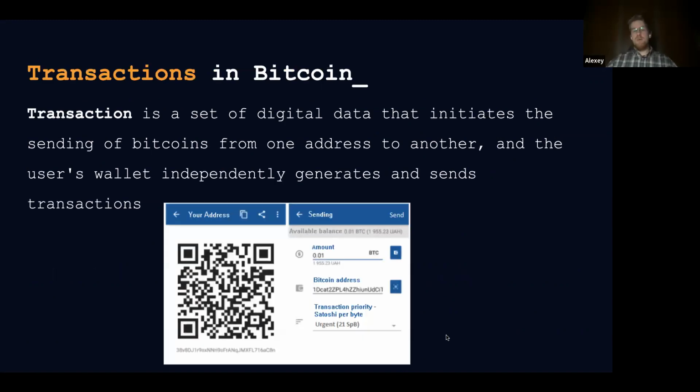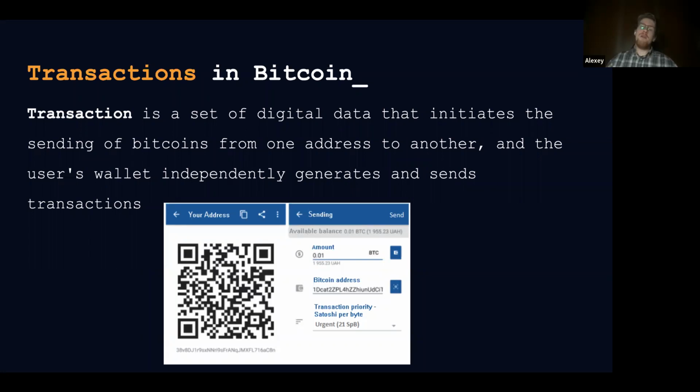A transaction, in simple words, again, maybe I'm reiterating for someone, but for someone it will be a new explanation which may give some additional context, is the way we define a set of digital data that initiates the sending of bitcoins from one address to another, and the user's wallet independently generates and sends transactions.